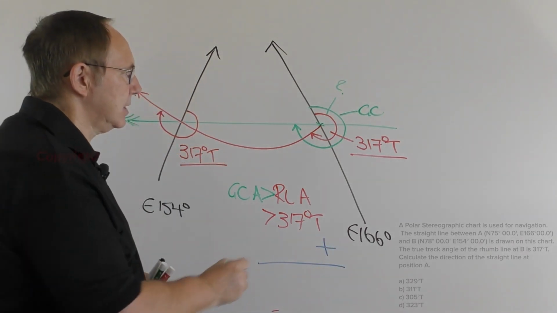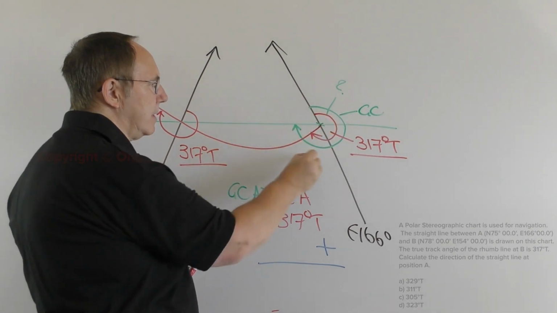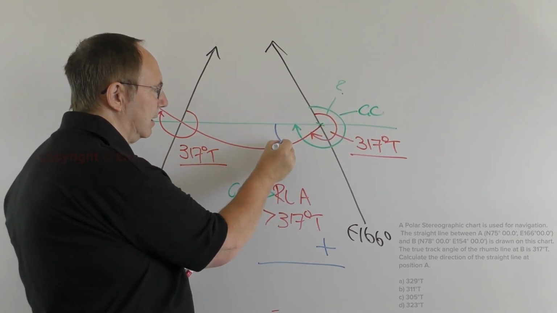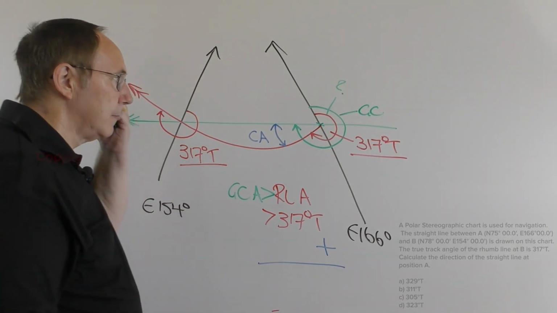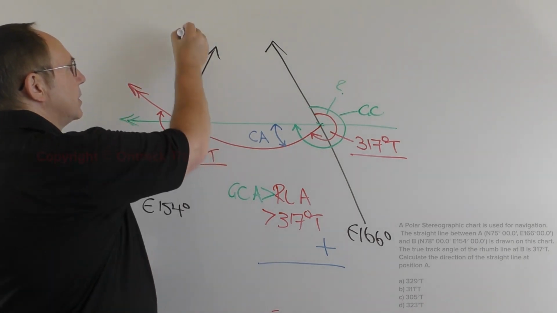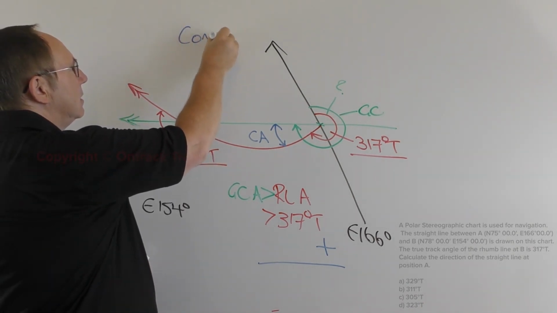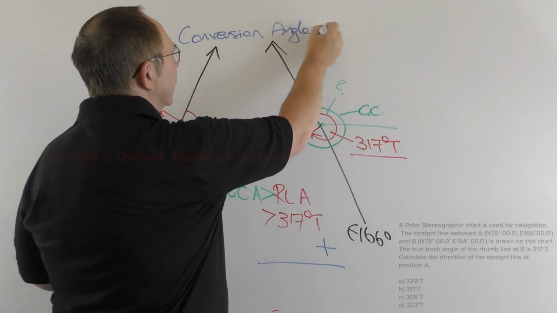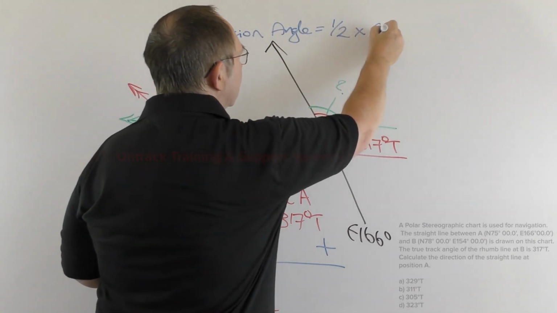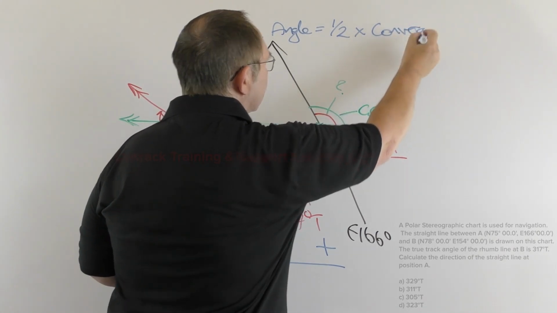And the difference between the rhumb line and the great circle is this angle in here, which is known as conversion angle. Now, conversion angle is equal to half of convergency.